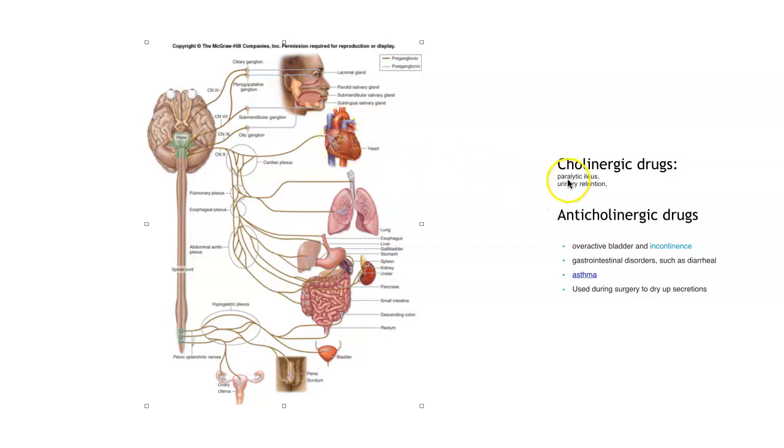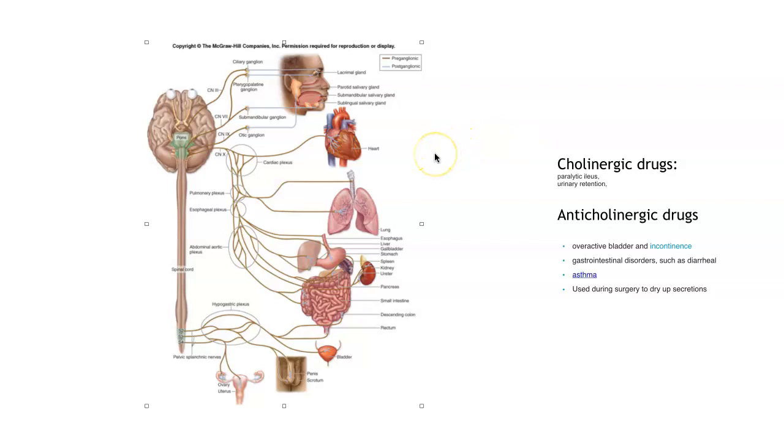Some other uses, here they have paralytic ileus. That just means part of the bowel is paralyzed. It's not moving. Who controls the bowels, the large and small intestines? Who triggers them to move? That movement we call peristalsis.